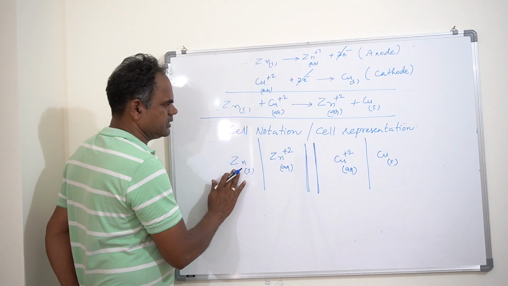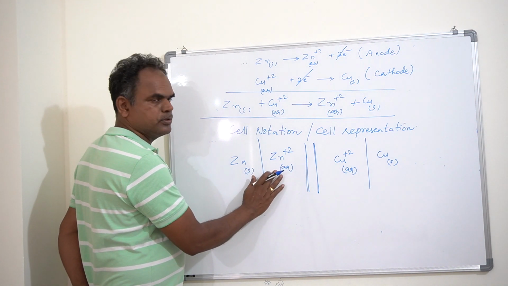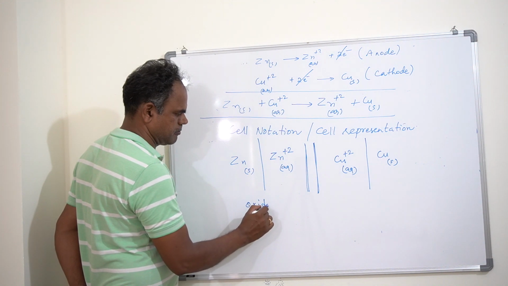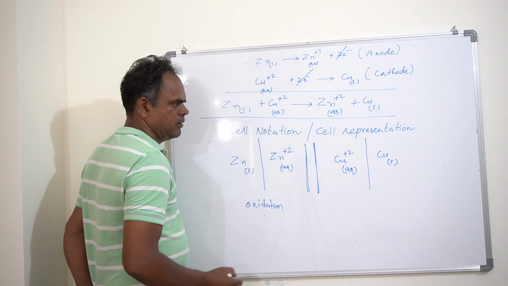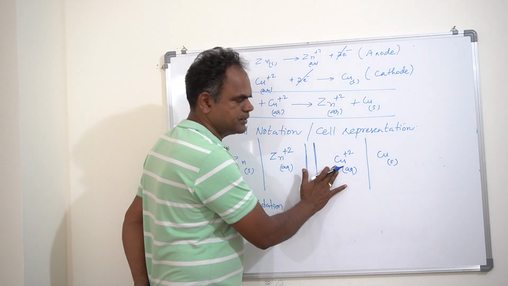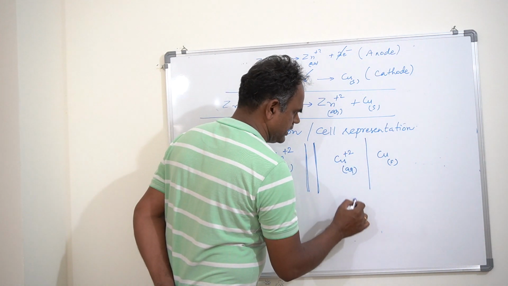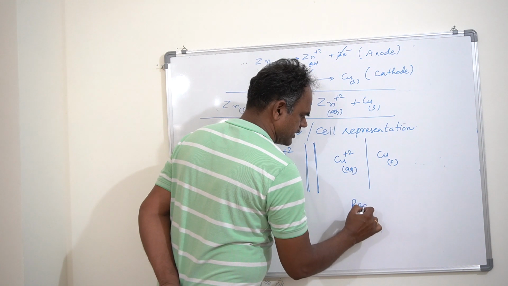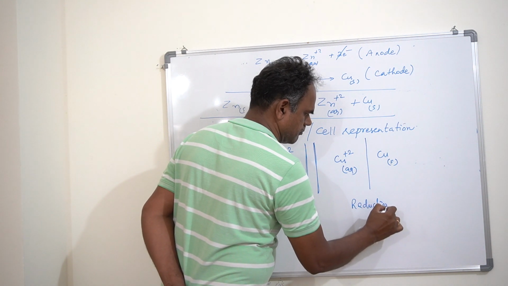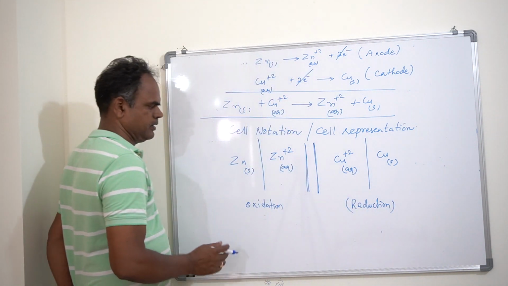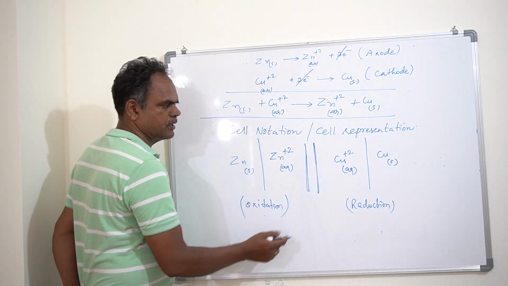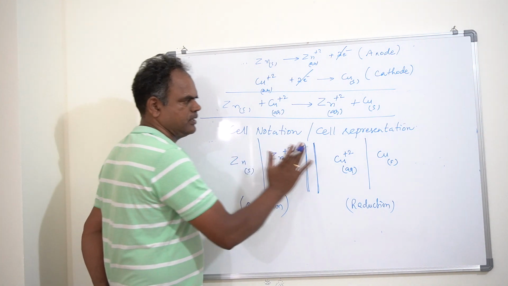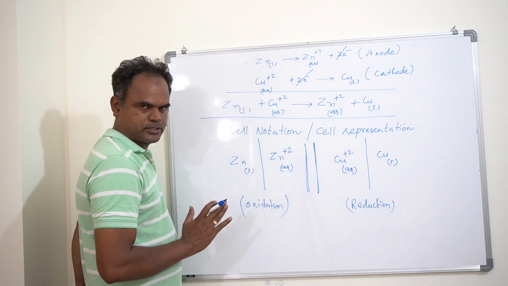So here zinc changes into Zn²⁺ ions. There is oxidation. And copper ion gets reduced to form copper metal. So here is reduction. So in the left half cell there is oxidation, in the right half cell there is reduction taking place.